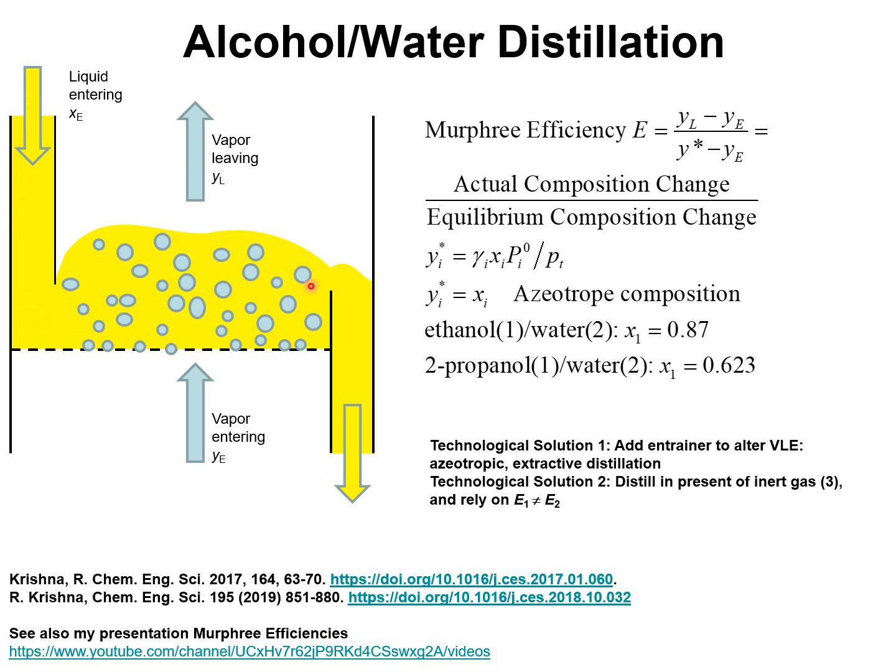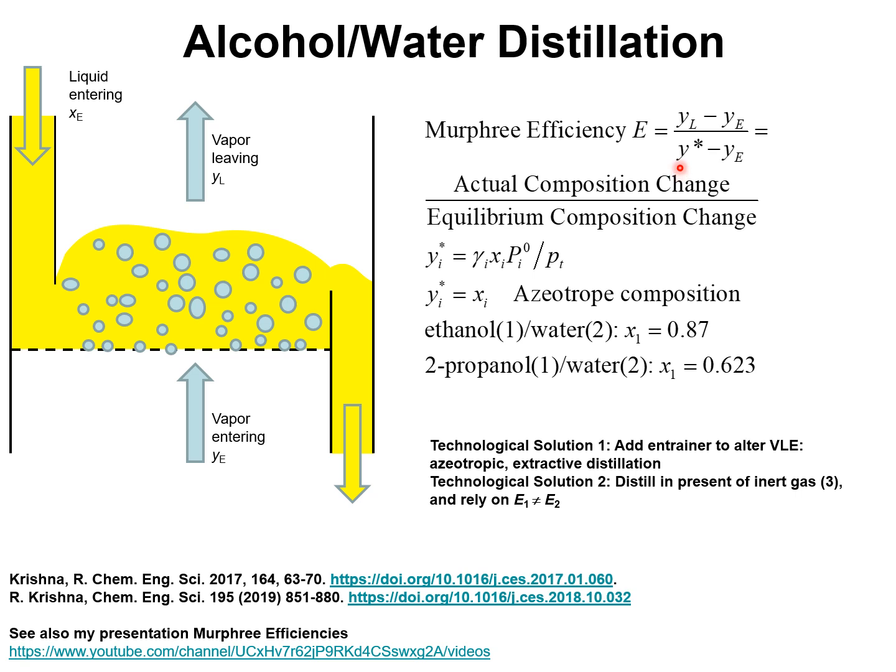The Murphy efficiency of such a tray is defined as the actual composition change in the vapor phase. Y is the mole fraction of alcohol leaving the tray. Y sub E is the mole fraction of alcohol entering the tray.